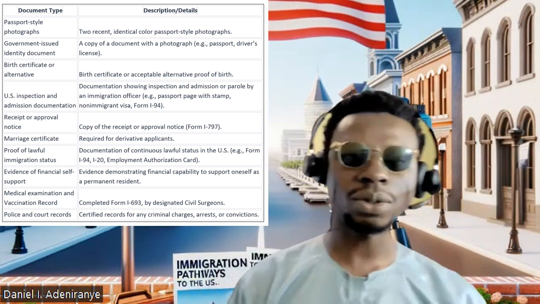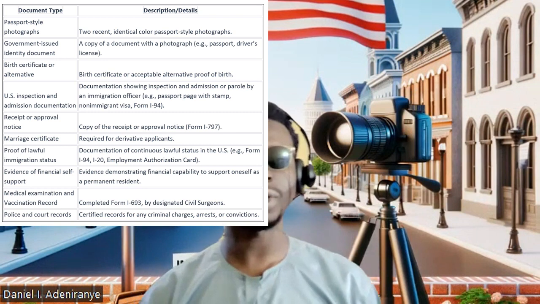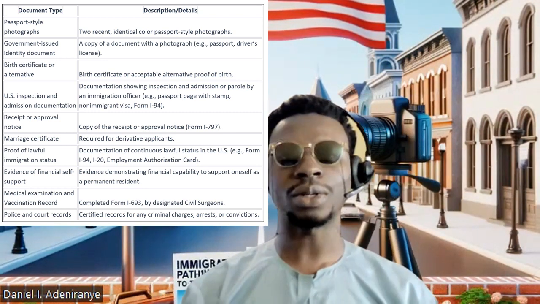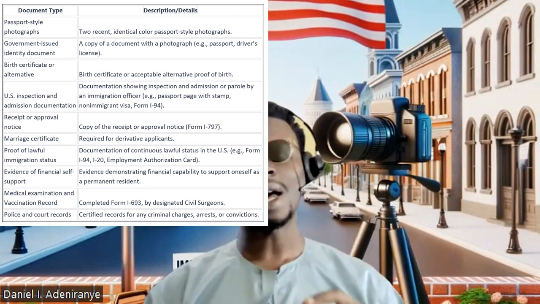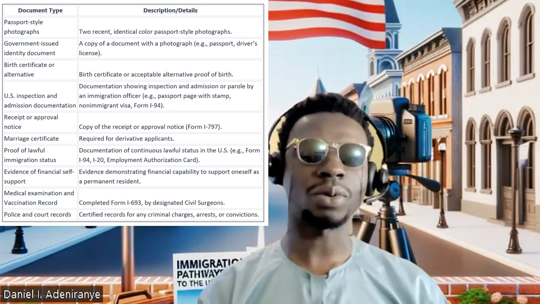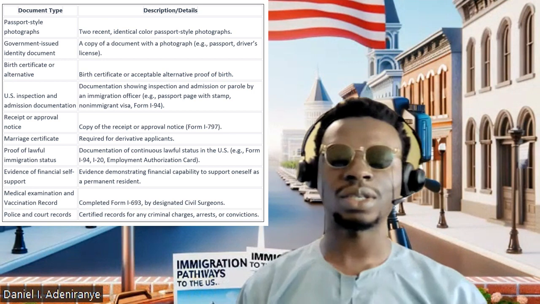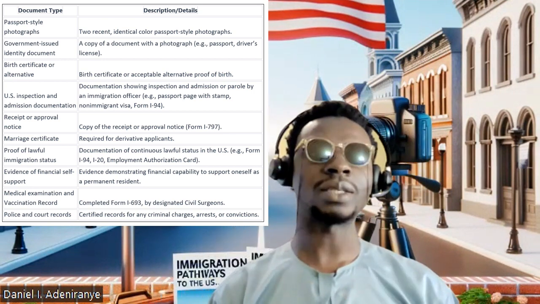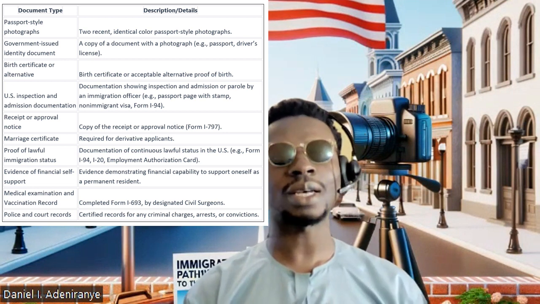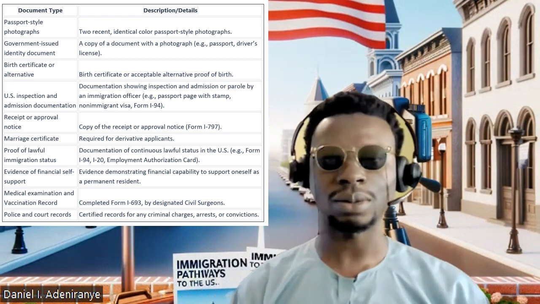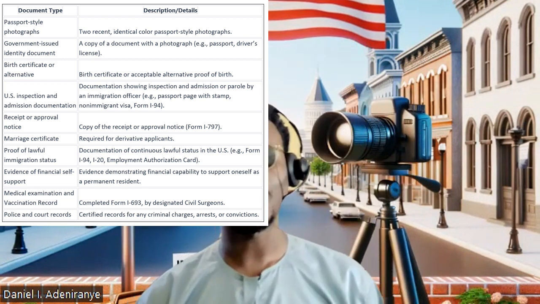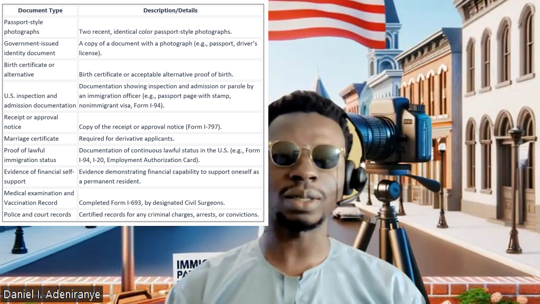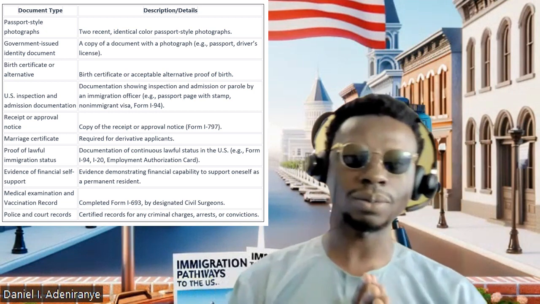Also, another important document is a copy of the receipt or approval notice. This one is very important. Now, after filing your Form I-485, you will receive a receipt notice that tells you that, yes, USCIS has received your petition. That receipt notice is Form I-797C, which means it's conditional.